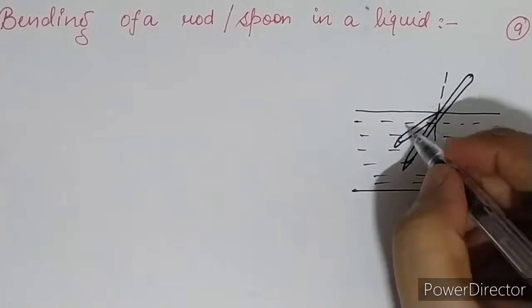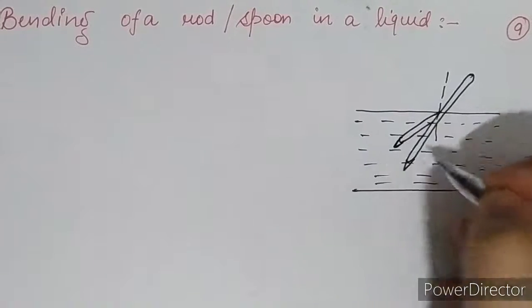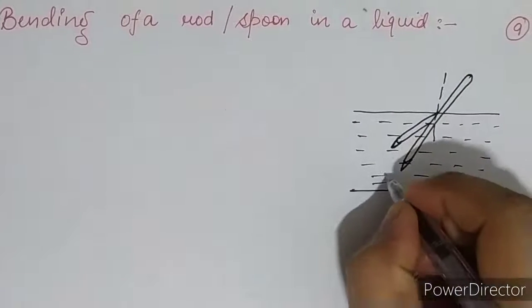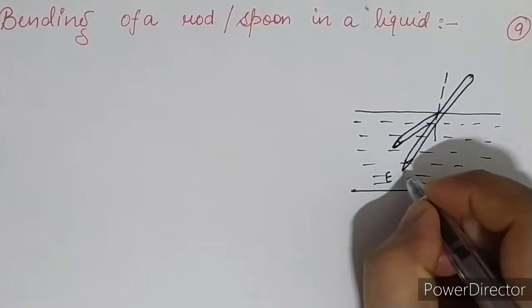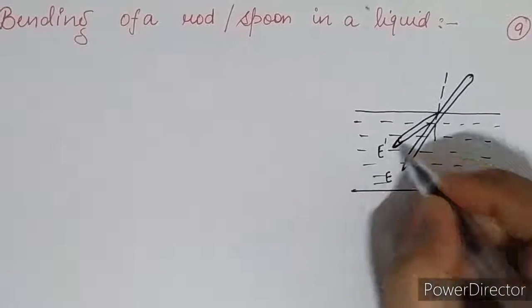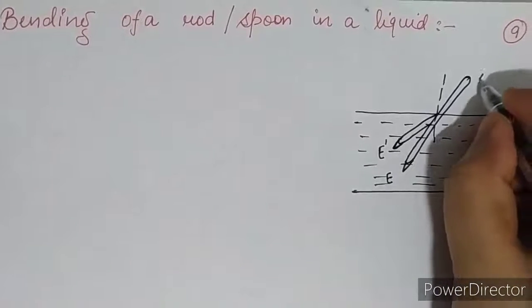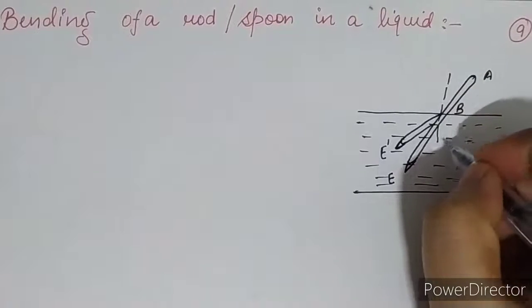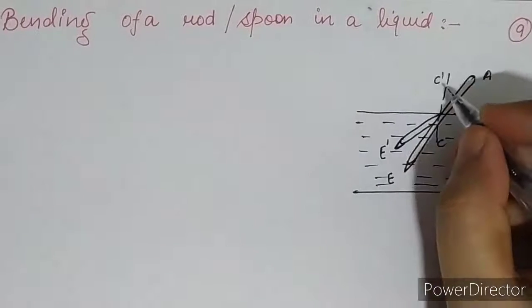Instead of the image being at E, where the real one is, its image will be at E dash. This is point A, the point of incidence B, and this is C and C dash.